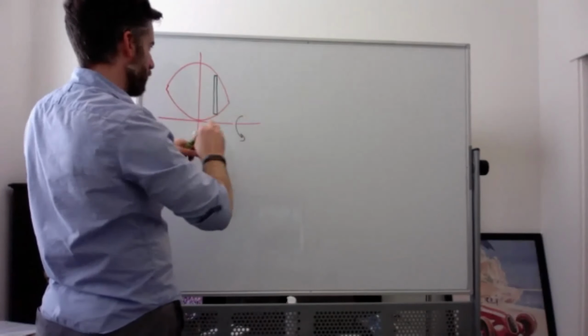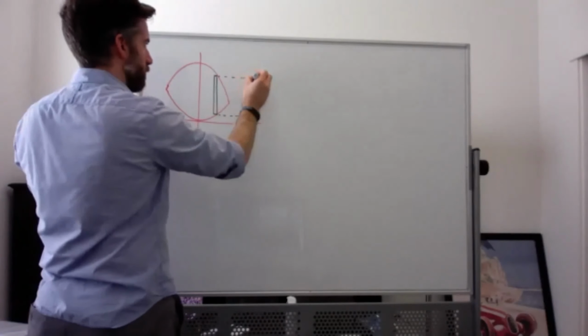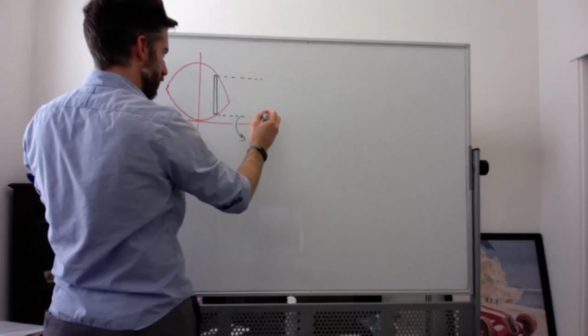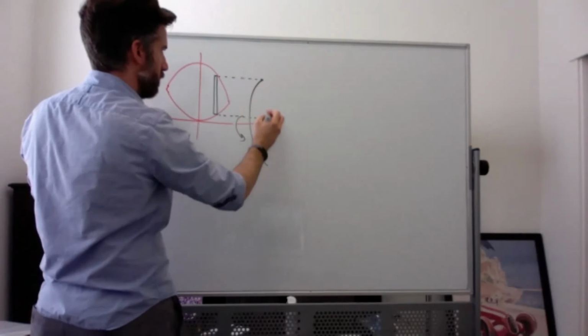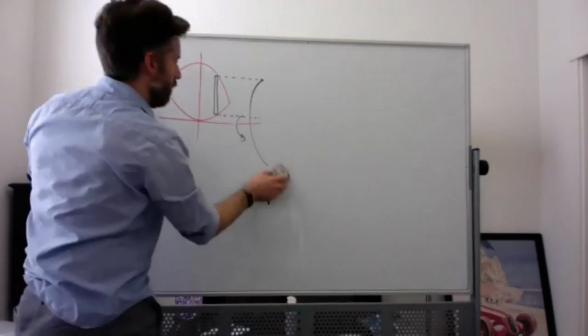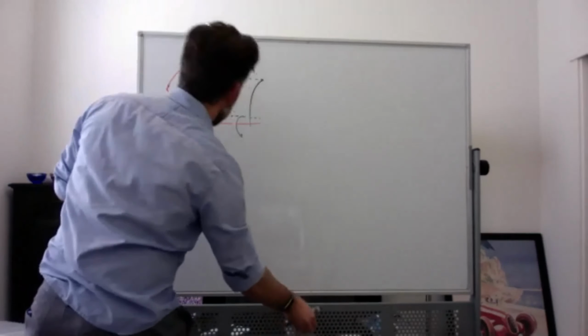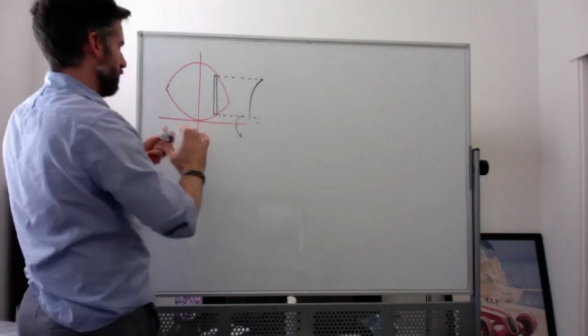So if I do that, here's the shape I'm going to get. Let me make sure I don't draw this wrong. Try and draw that a little bit better. I should have some symmetry here.